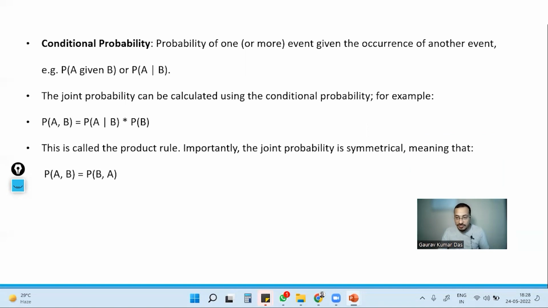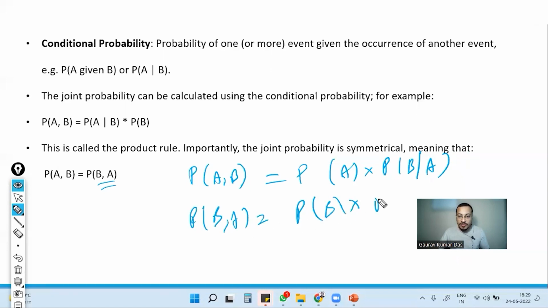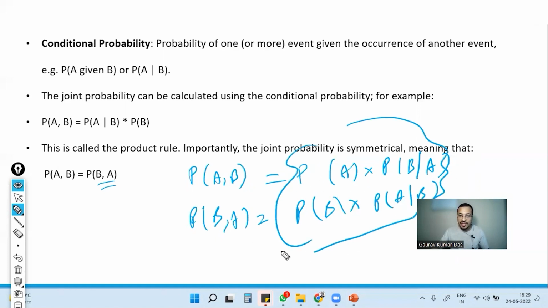Now, if you look at this here, probability of A comma B or A intersection B or AB, whatever you call it, is equal to probability of A into probability of B such that A has happened. And this probability of B comma A is given as probability of B into probability of A such that B has happened. So both these terms are actually equal.